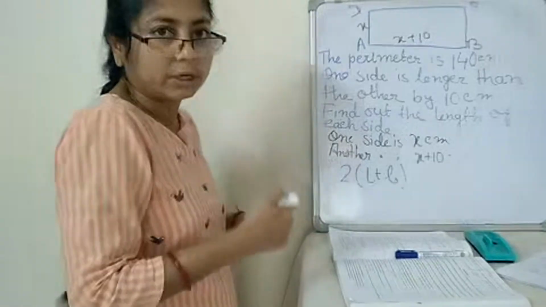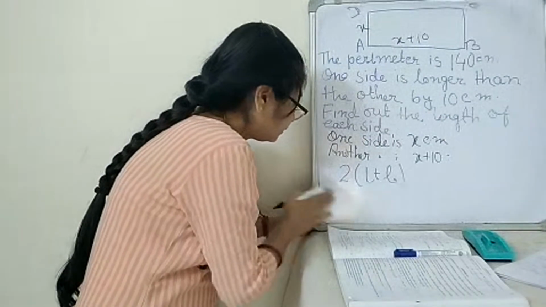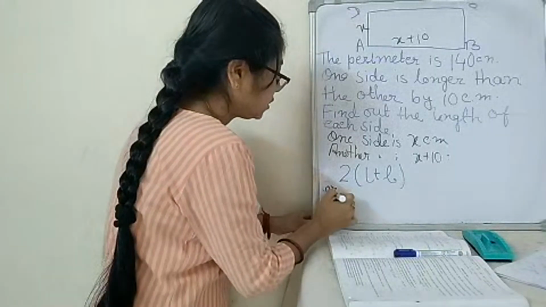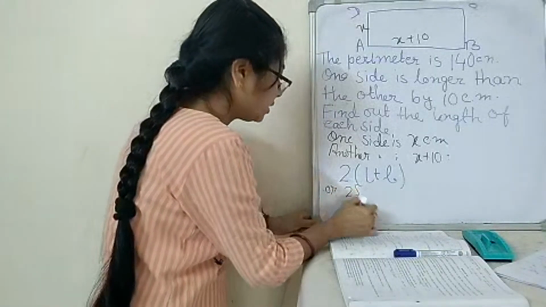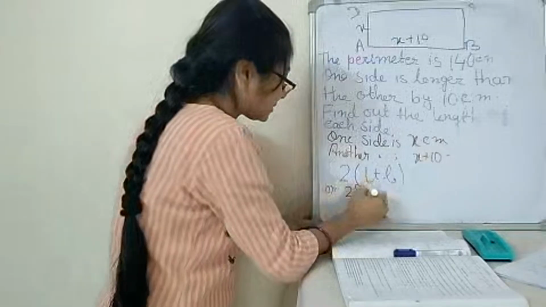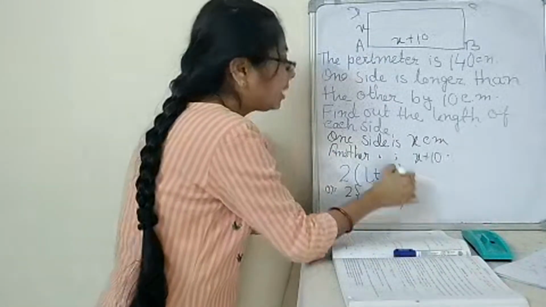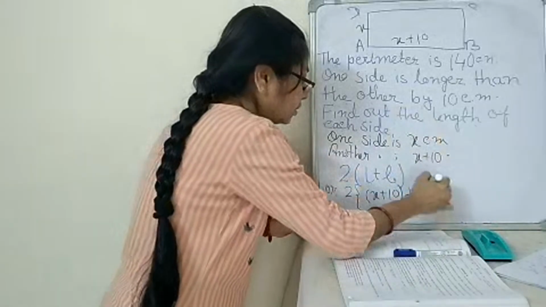So accordingly, 2 times L, which means x plus 10, plus B, which means x.